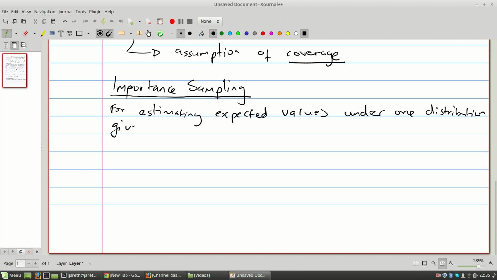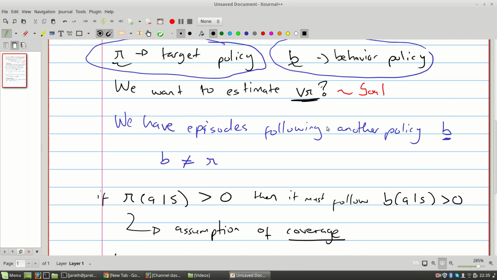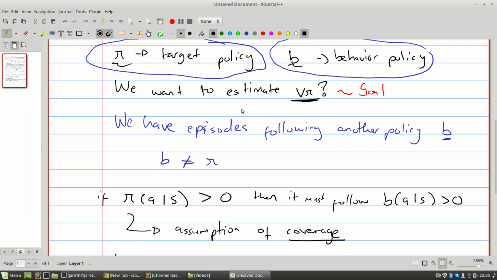Well, this should be clear, because when we're trying to estimate V pi, which is our goal, if we remember from the previous lecture, we would do that by taking the expected value of the return for various states. This is how we would estimate what V pi is.